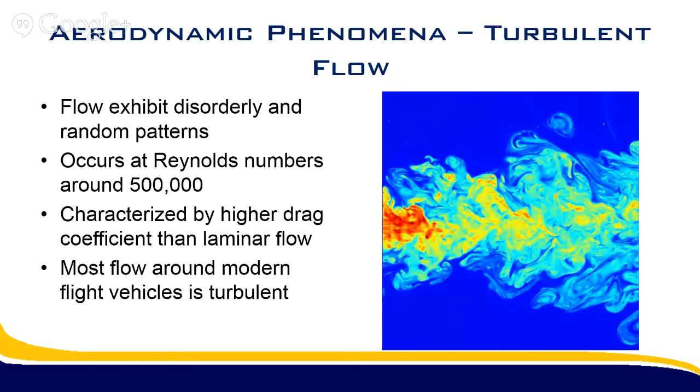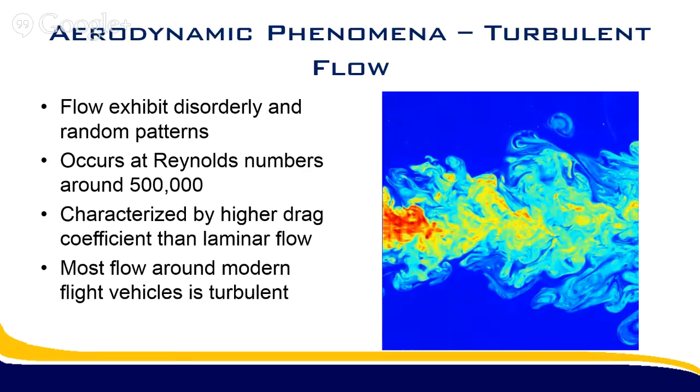You may look at that picture on the right and say, "Oh wow, there's nothing aerodynamic about that," and that's not entirely true. It's aerodynamic, just not very low drag aerodynamics. In fact, drag in turbulent flows is definitely higher than drag in laminar flows, just from all that disorder in there.